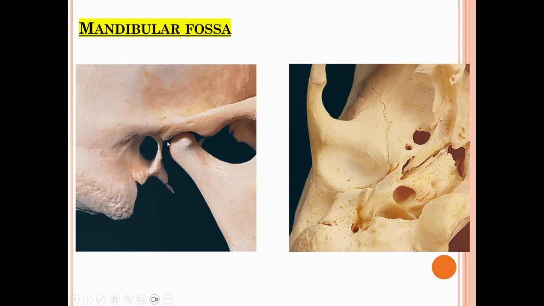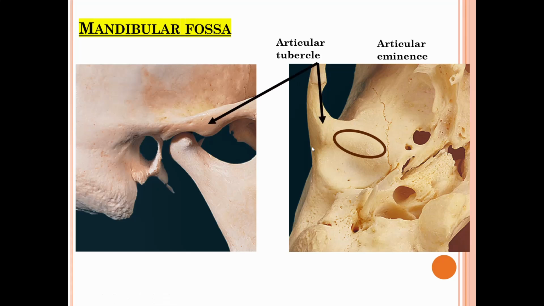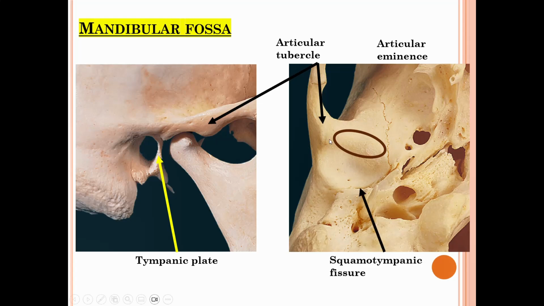Now here you can see the articular surfaces. There is the articular eminence, then the articular tubercle, then the tympanic plate, and the squamotympanic fissure.